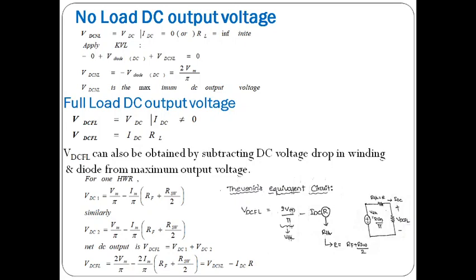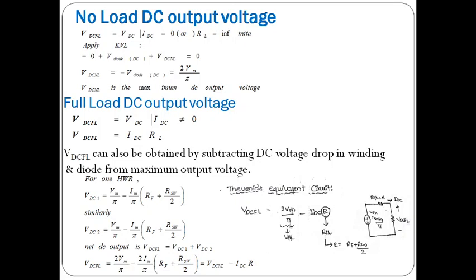So this VDC is the maximum DC output voltage. Next, the full load DC output voltage. This is when the load is connected, when non-zero DC current is flowing through the circuit. So VDC FL equals VDC at IDC not equal to 0, which is IDC into RL.